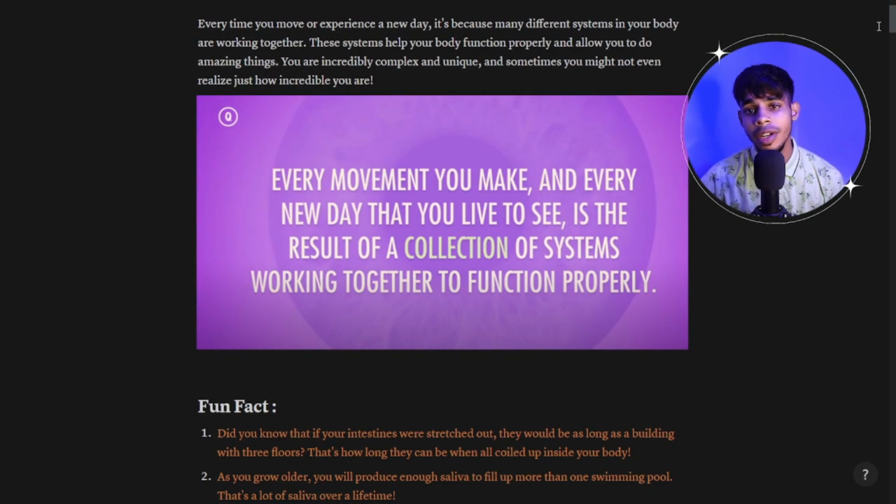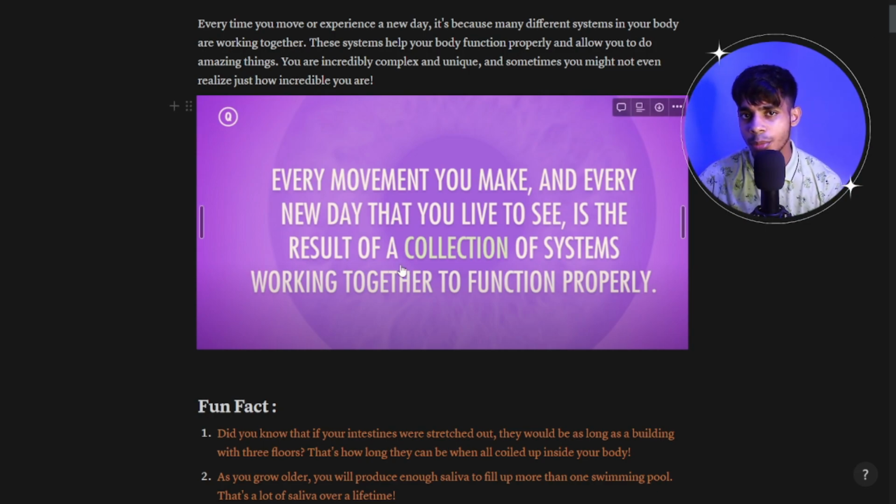Right now, every time you move or experience a new day, it's because many different parts of the body and systems in your body are working together. Now these systems help your body function properly and allow you to do amazing things. You're eating, you're breathing, you're walking, you're jumping, you're running and whatnot. So basically you are an incredible monstrous beast which can do anything, right?